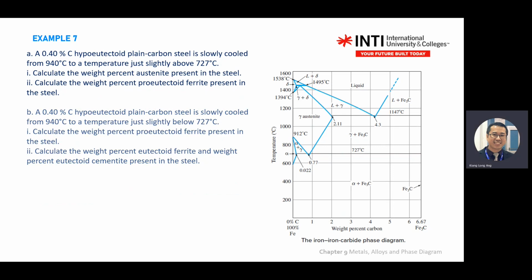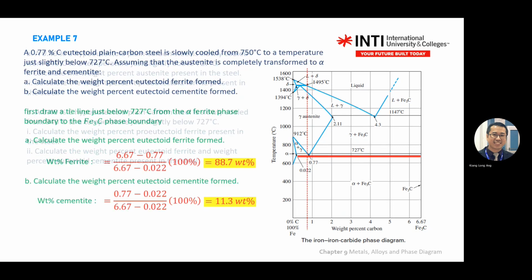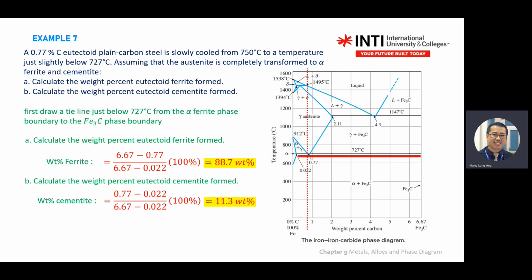Okay, this one is an extra exercise. Your homework today is to get familiar with all these bombastic words. For example, what is eutectoid? What is cementite? And so on, all these things. I think you are familiar with how to pinpoint the point on the phase diagram.